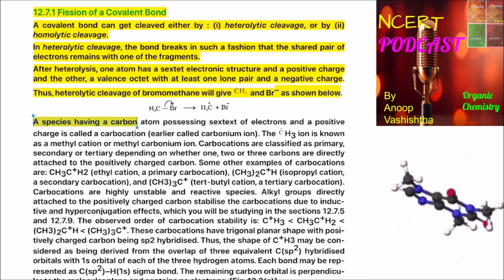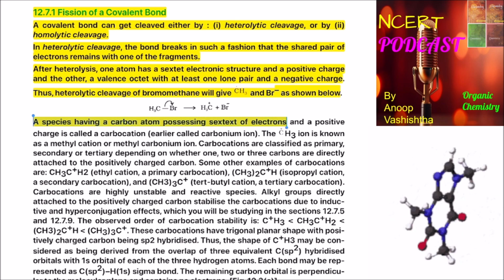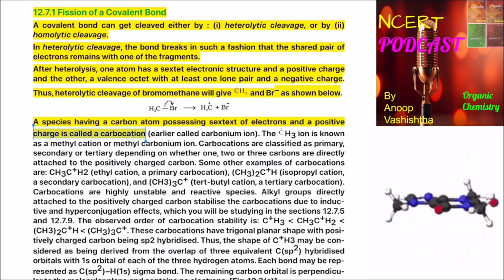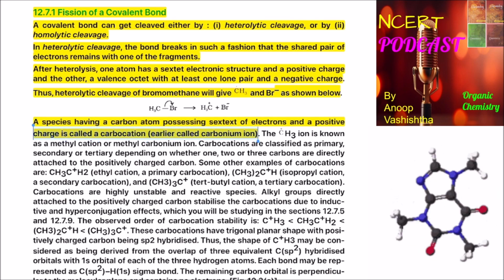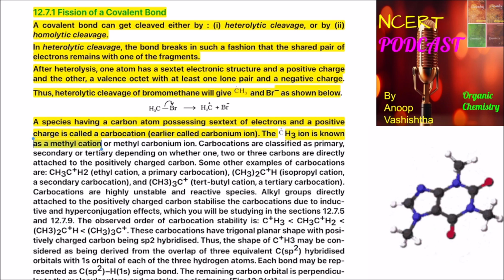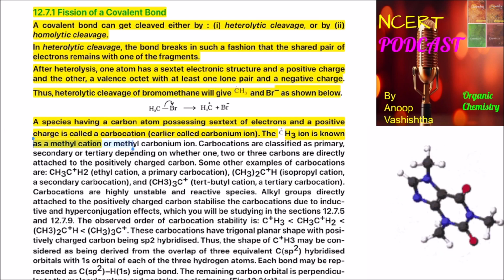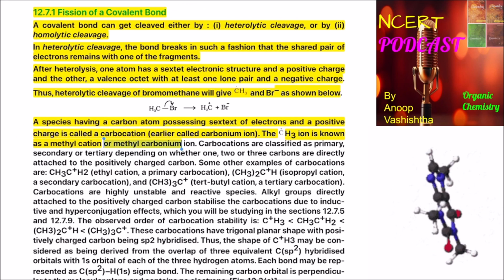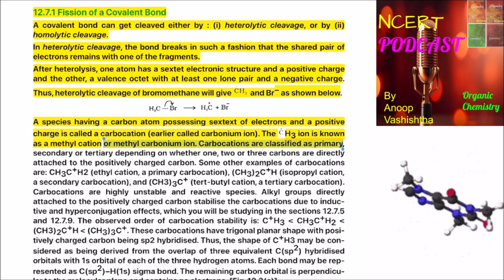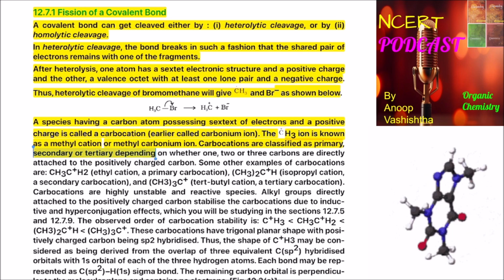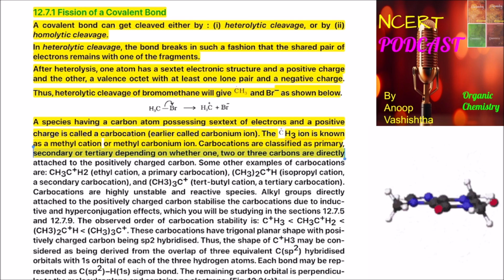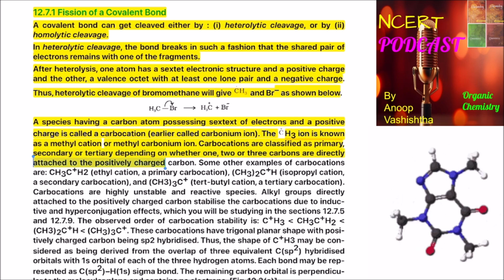A species having a carbon atom possessing a sextet of electrons and a positive charge is called a carbocation, earlier called carbonium ion. The CH3+ ion is known as a methyl cation or a methyl carbocation. Carbocations are classified as primary, secondary or tertiary depending on whether 1, 2 or 3 carbons are directly attached to the positively charged carbon.